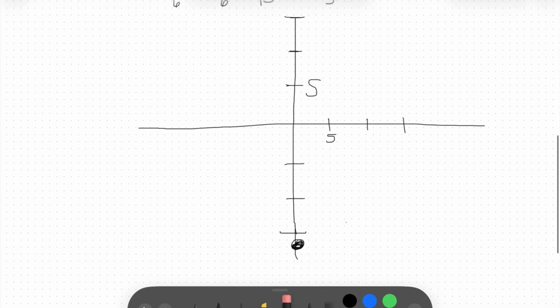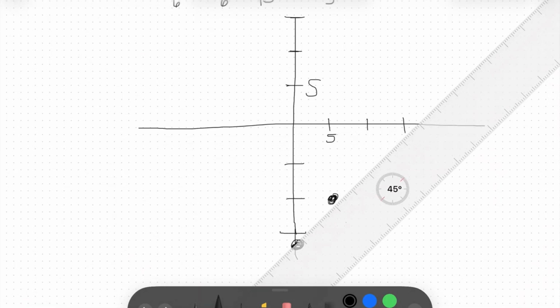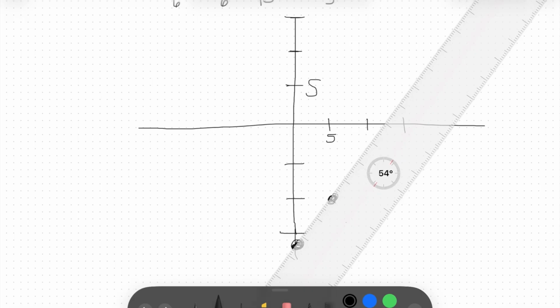Let's go down here and see if we can do 7 over 5. So I'm going to go up 7 and over 5. And that's going to put me right there. And that's all I need for a graph. I just need 2 points, and I've got 2 points. Incidentally, you're not going to do it this way typically, but I want you to understand the graphic way.